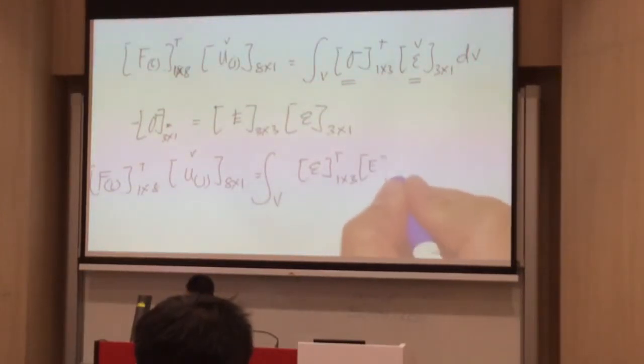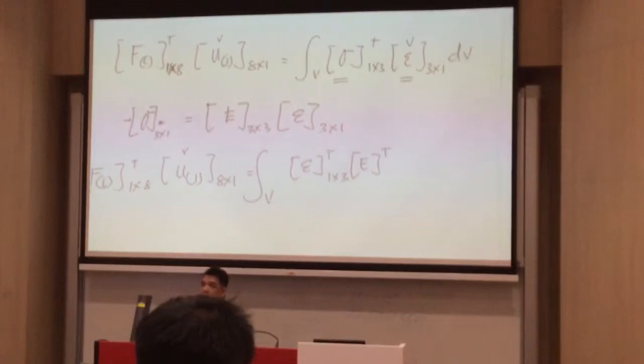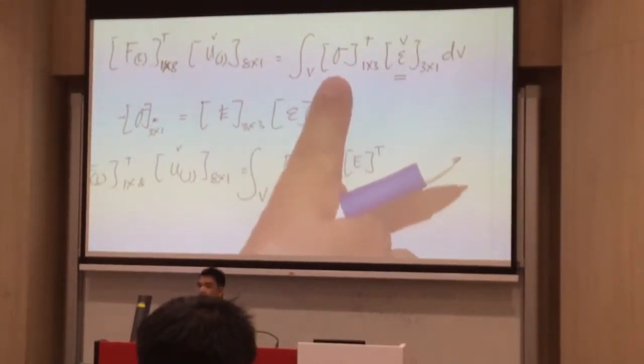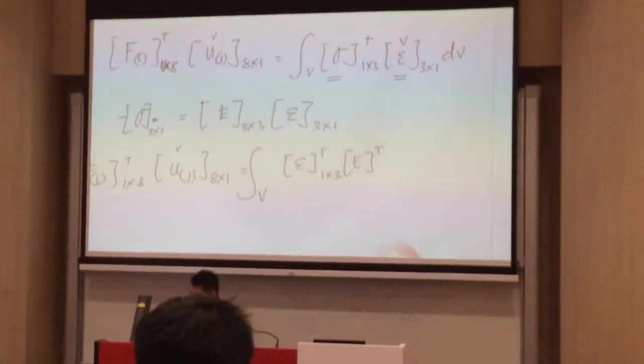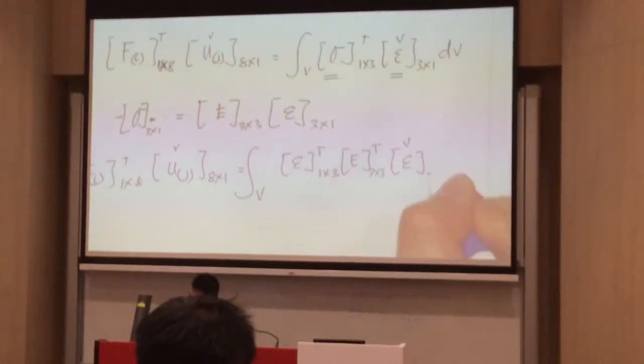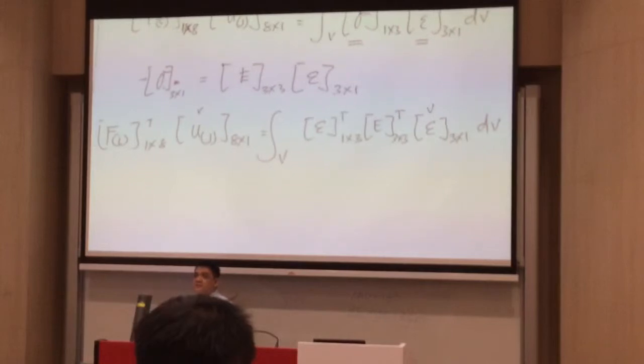And this E here will be a transpose value as well, because we're looking at the transpose of the stress. And then you have your 3 by 3 there, virtual displacement 3 by 1, dV. Okay?